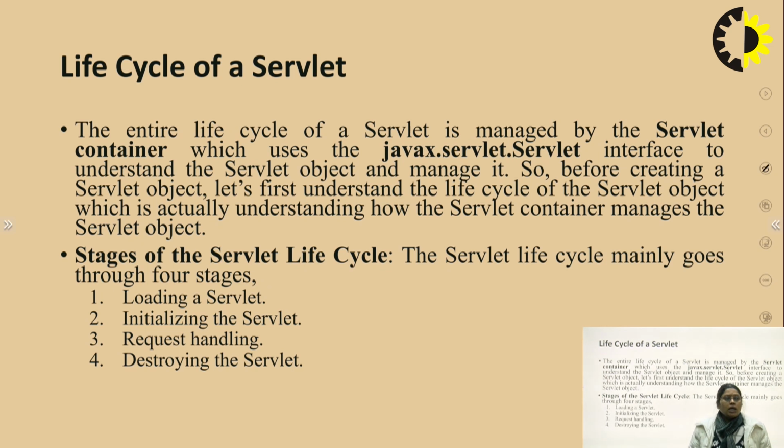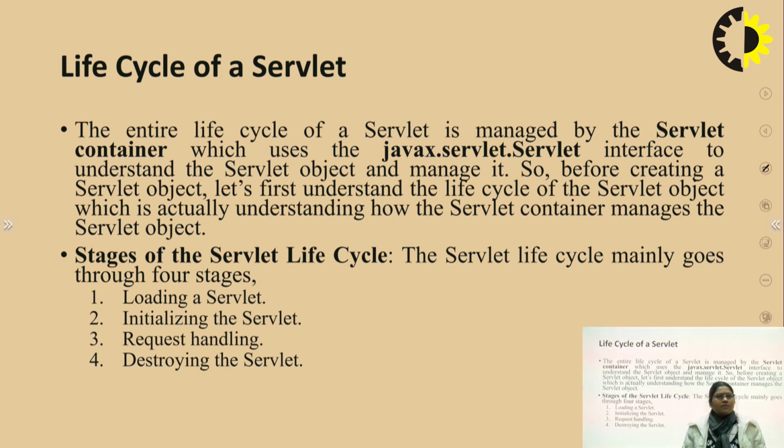Now we come to the life cycle of a servlet. As I have already told, the request is transferred to the server and the servlet processes that request. There are certain steps of executing that request through the servlet, and this is called the life cycle of a servlet.